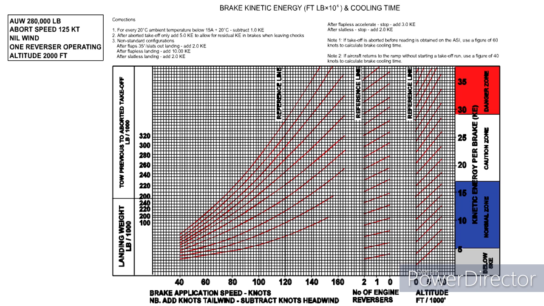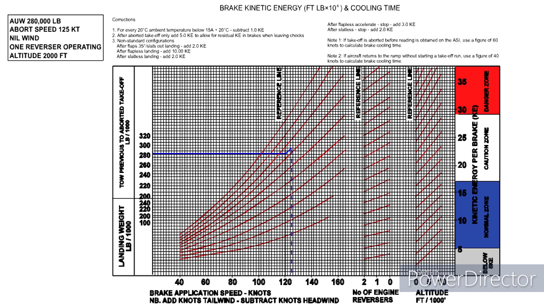As an example, we will use an aborted takeoff at a weight of 280,000 pounds, stopping from a speed of 125 knots, with no wind, and 1 reverser operating at an airfield with a pressure altitude of 2,000 feet. The graph is entered with the weight, 280,000 pounds.